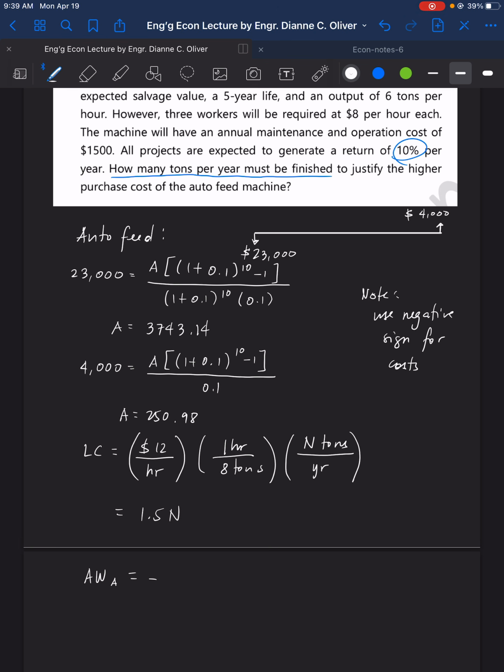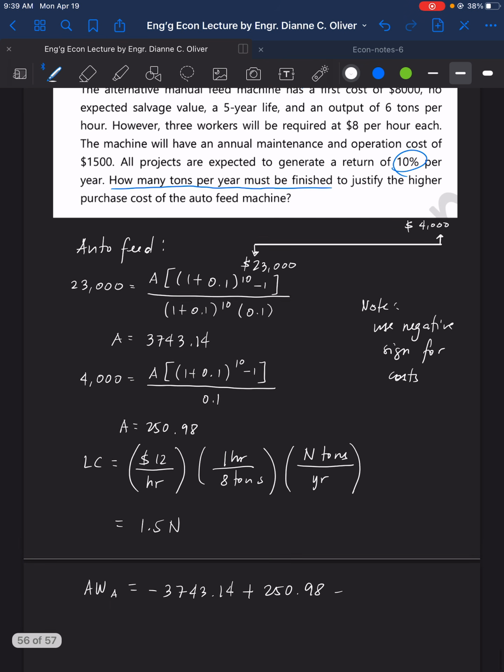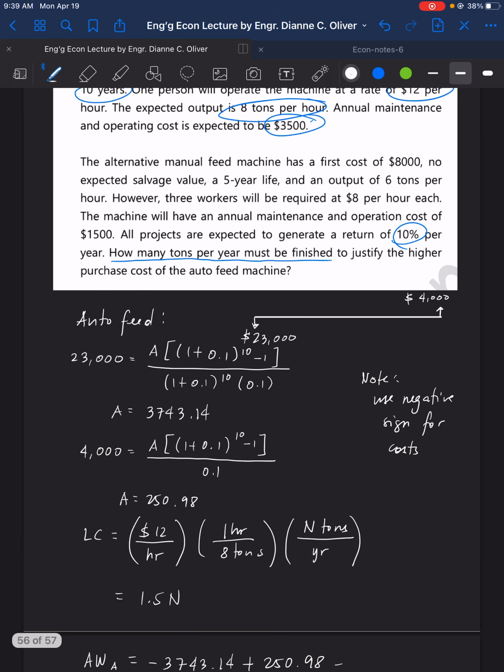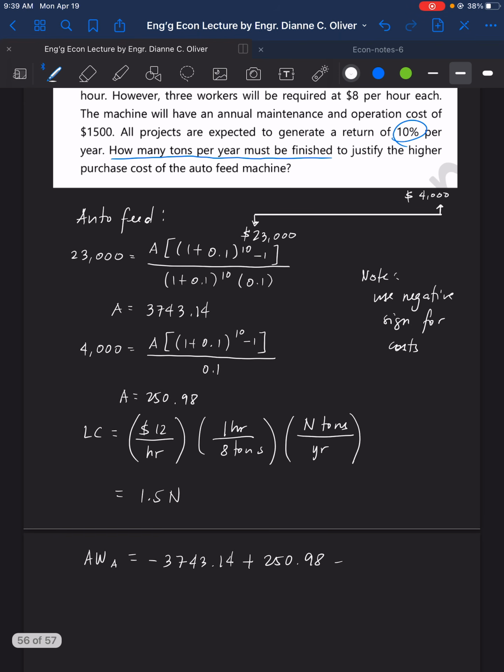Okay, so negative 3,743.14 plus, so we will add the 250.98 because that is inflow of cash, minus the annual operating cost of 3.5 minus the labor cost of 1.5 N.